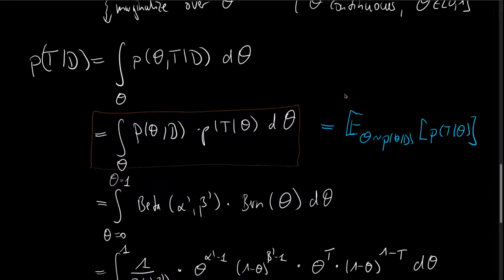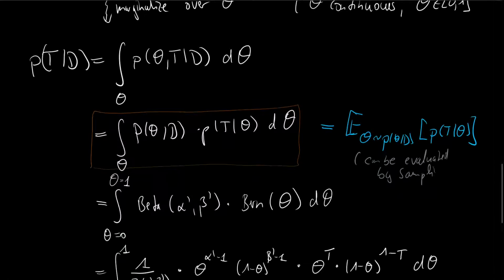And this particular expectation can be evaluated with sampling. And that's typically done if we have problems where these integrals become intractable, so if the integral is intractable.